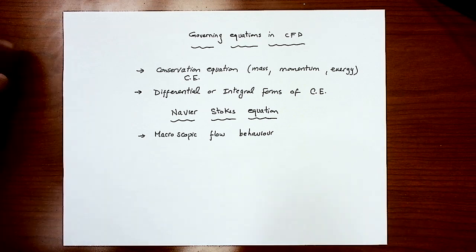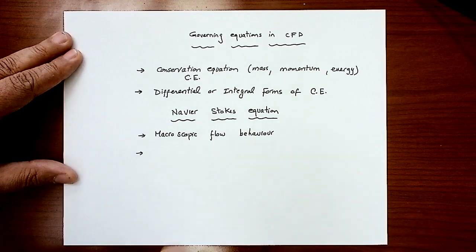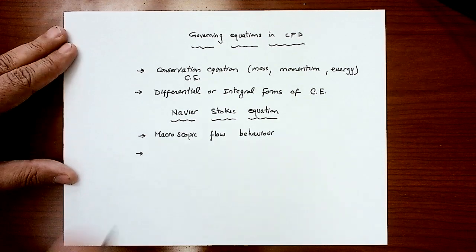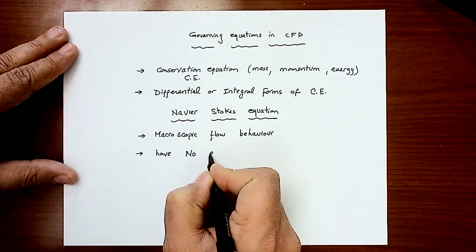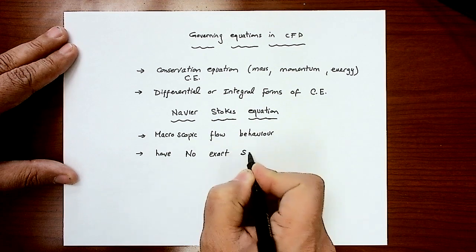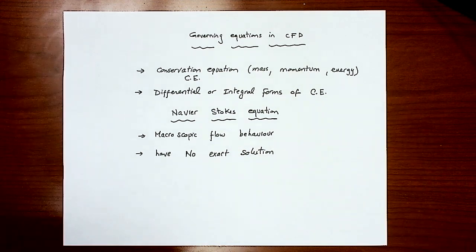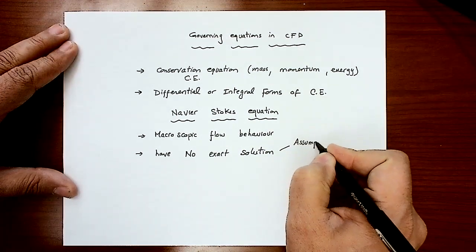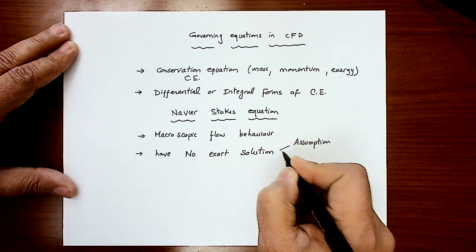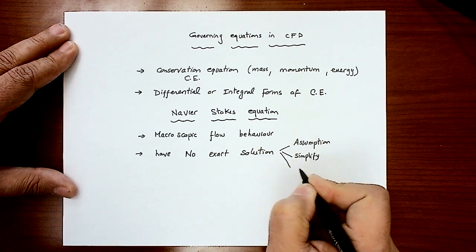Also keep in mind that for the Navier-Stokes equations, the differential or the integral form, up to this moment as I'm recording this video, have no exact solution. We cannot solve the Navier-Stokes equations exactly, analytically. Which means that we have to make assumptions to simplify so we can actually solve.